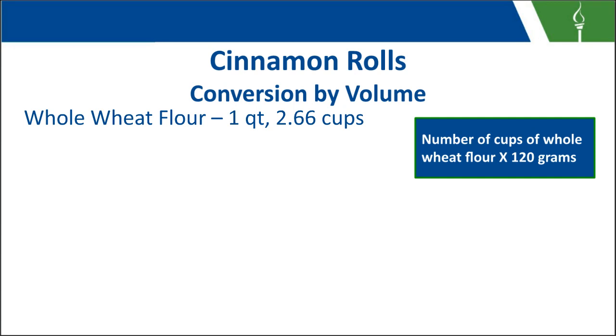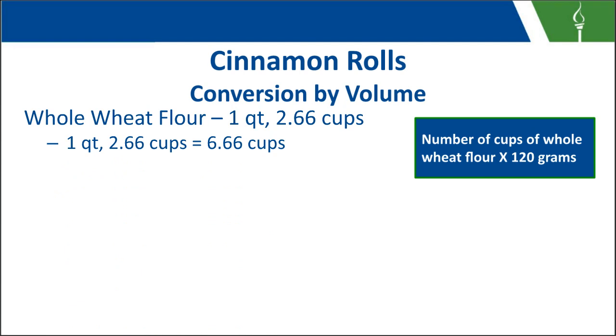So in order to convert our volume to grams, we have to multiply the number of cups we have by 120. So since we have 1 quart and 2.66 cups, we need to convert our quart over to cups so we just know how many cups we're working with.